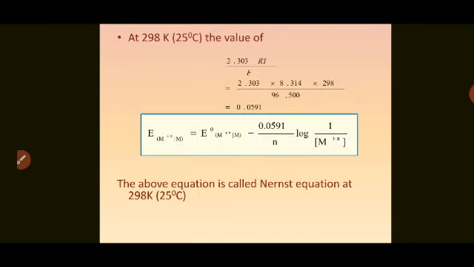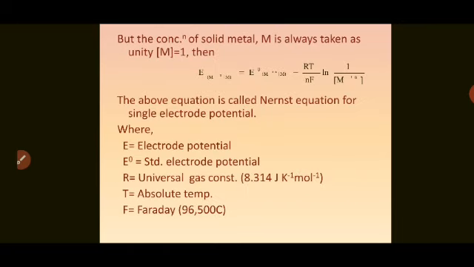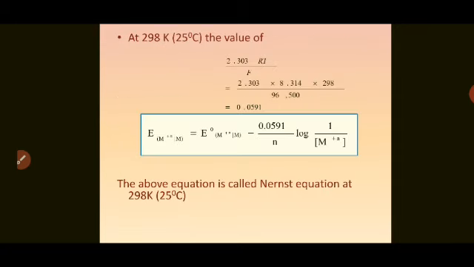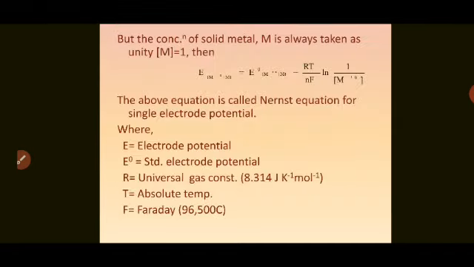Now at 298 Kelvin, that is at 25 degrees Celsius, consider the value of this part, that is 2.303 into RT divided by F. Where does this 2.303 come from? Just see in this equation, ln is given. So to remove this ln, that is log to the base e, if we convert it to log to the base 10, we have to multiply by 2.303 RT.